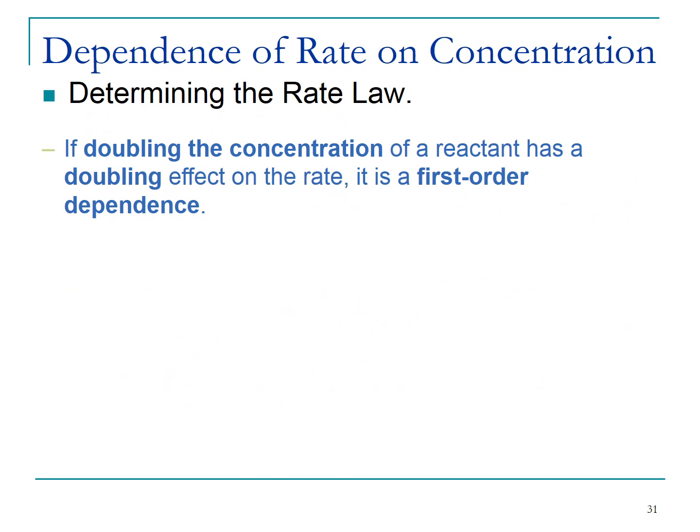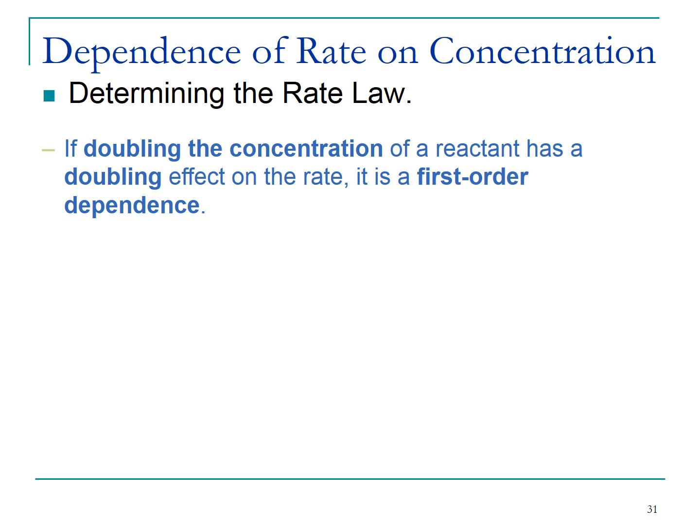All right, so keep in mind that if you double the concentration of a reactant and the rate doubles, we call that first order. Looking back at the rate law, remember that if rate equals something to the first power, then they vary in the same direction. If you increase the concentration, the rate should increase by the same amount because it's raised to the first power.